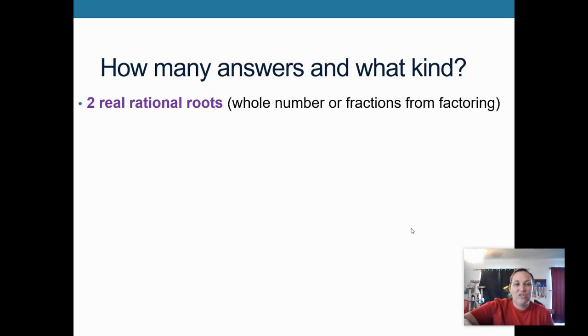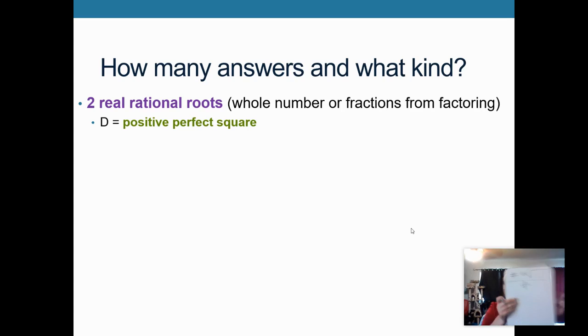When you get 2 real rational roots, your discriminant would be a positive perfect square. So we have to remember that the discriminant is from the underneath part of the square root sign. So if I'm doing a math problem and I have my number underneath the square root, this part right here, okay?